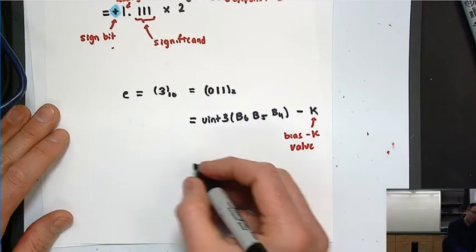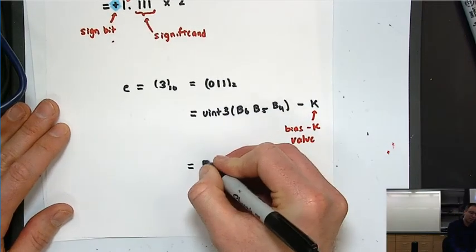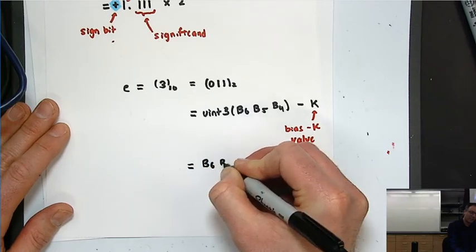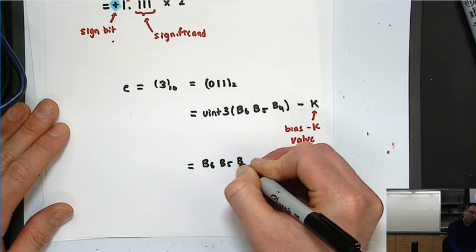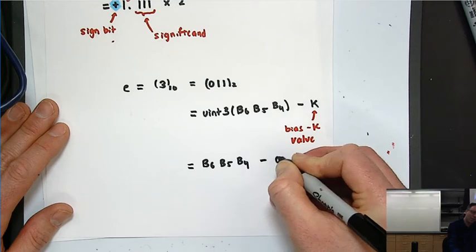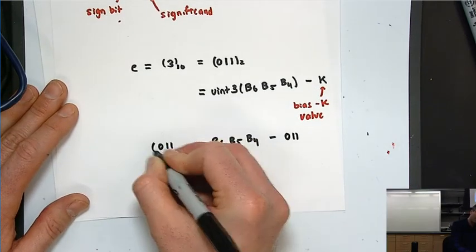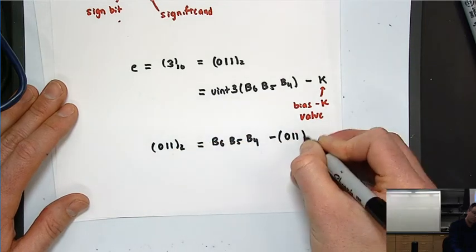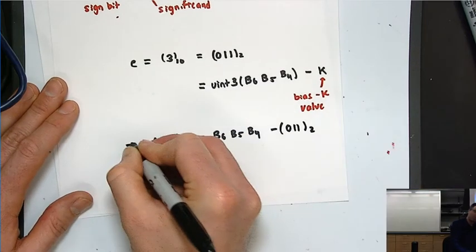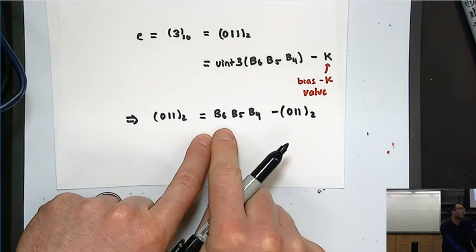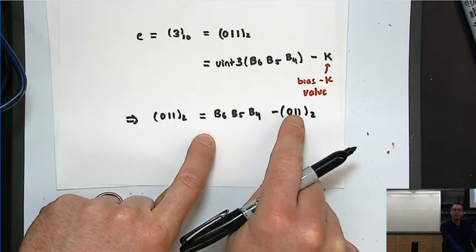So in particular, whatever this bit string is, the bit string that we're looking for is B6, B5, B4. When we subtract the number 3, we want to get the number 3. Okay? Well, this is the thing that I'm looking for. How do I get that thing if this is on the other side?